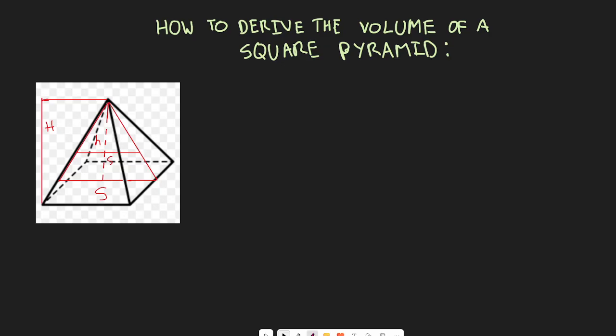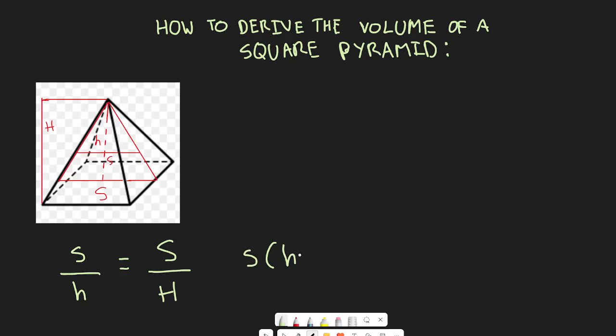And because of that, we can use a few proportions. To start off, we can say lowercase s divided by lowercase h is equal to uppercase S divided by uppercase H. Okay, and I said we wanted to get a function in terms of lowercase h, so we can say s of h is equal to S divided by H multiplied by lowercase h.